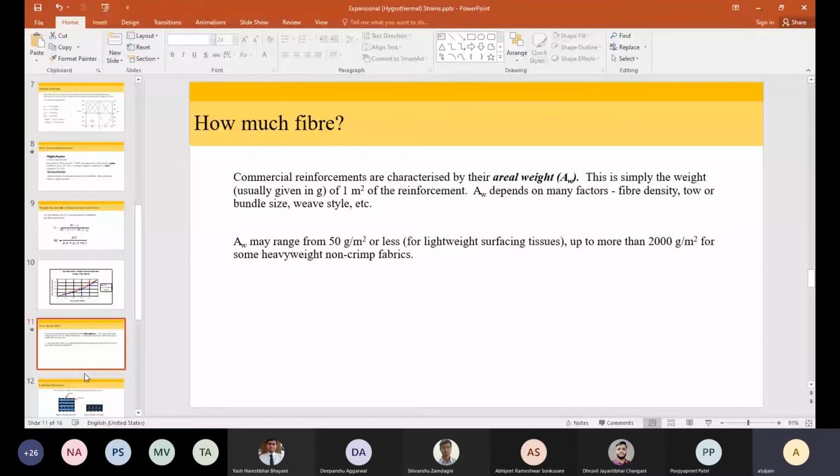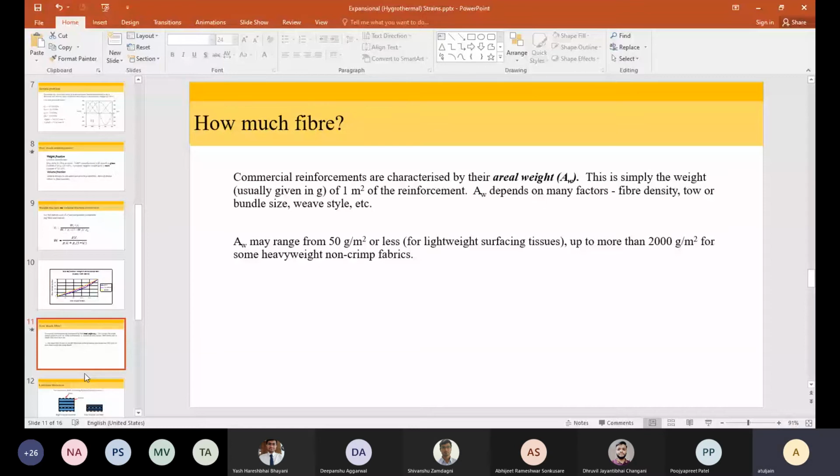Areal weight depends on fiber density, bundle size, how you have woven it, etc. And it can vary from 50 grams or less up to even 2000 grams for heavyweight fibers. It is given by your material supplier.